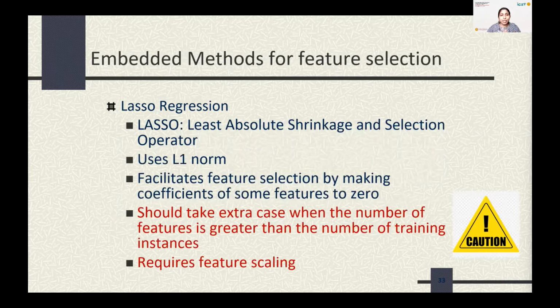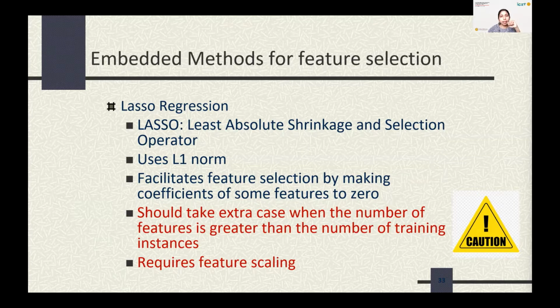Okay. So also, lasso stands for least absolute shrinkage and selection operator, because it performs shrinkage as well as feature selection. And as we saw, it uses the L1 norm. To summarize, lasso regression facilitates feature selection by making the coefficients of some features 0.